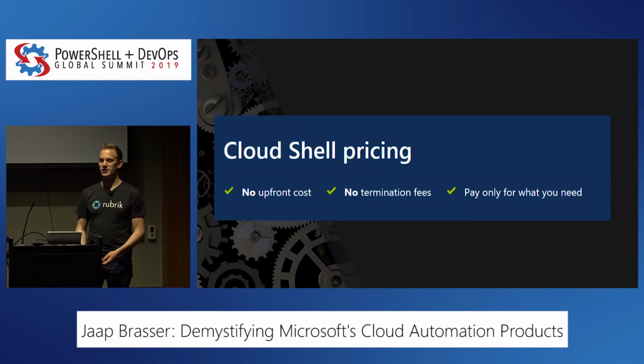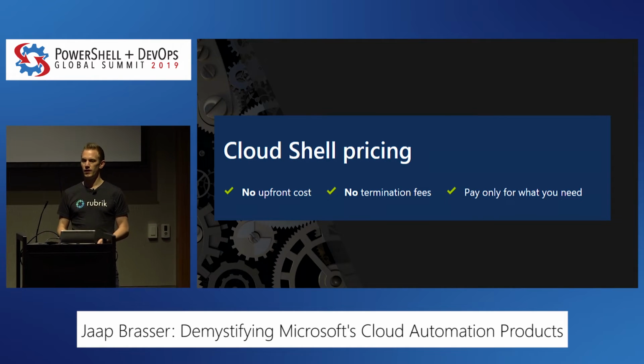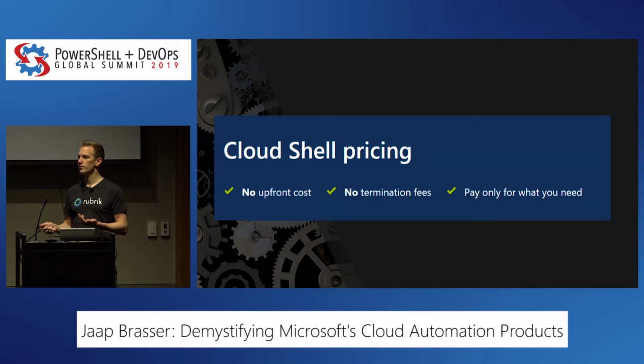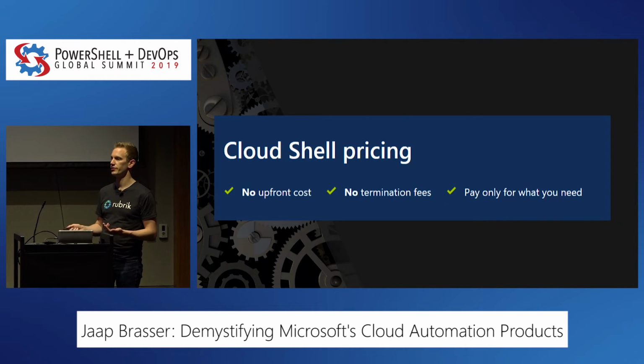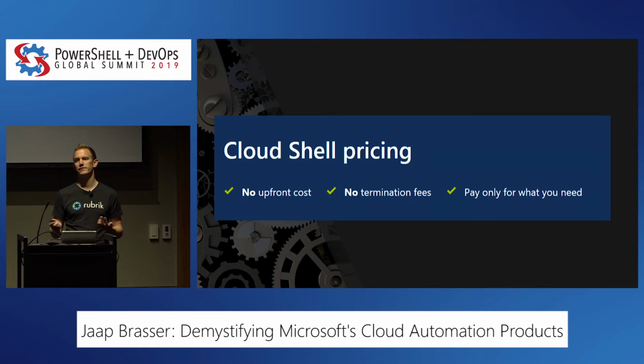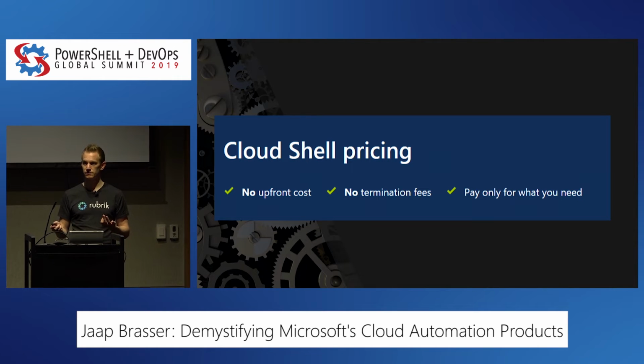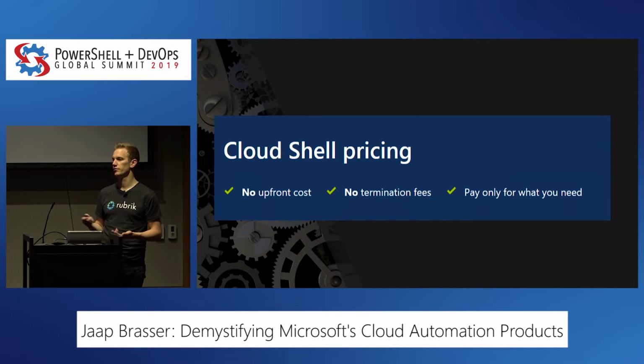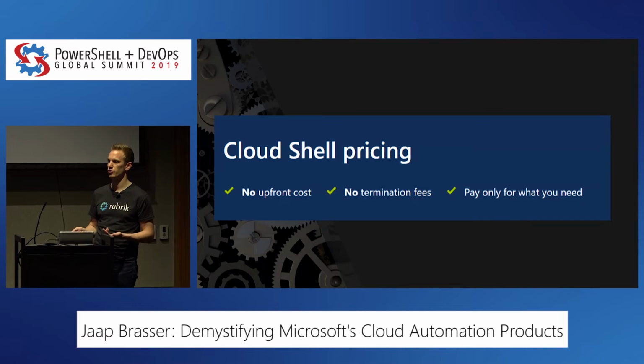The good thing about Cloud Shell is it's free. It doesn't matter if you use it for 1 minute or for 24 hours a day. You only pay for what you need storage-wise, and that's the only cost you have if you're using Cloud Shell. By default, it will create a storage account with 5 gigs of space, and this has your Linux image in there and whatever you store in there.